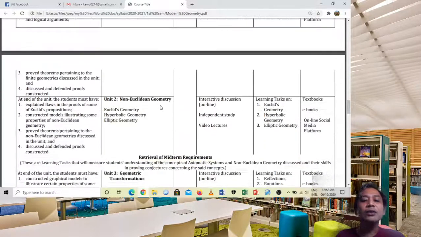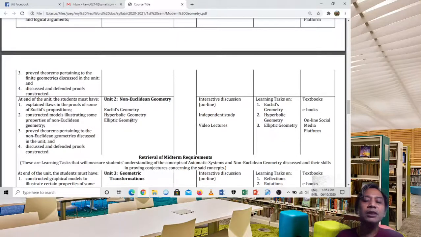And then the second unit would be about non-Euclidean geometry. This is another term for modern geometry. But again, we would first have to recall the basics of Euclid's geometry, because modern geometry came about because of the curiosity of mathematicians about Euclid's postulates in Euclidean geometry.